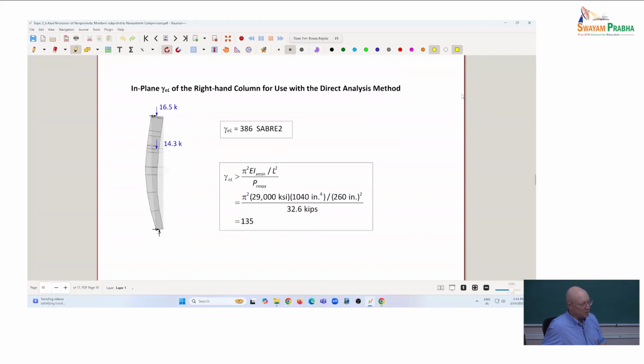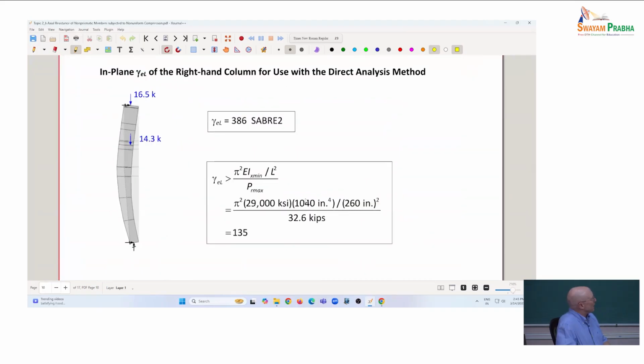Okay, now the other thing that happens commonly with these structures, see if I can make that a little bit larger. In a lot of situations, we may have the out-of-plane buckling really being the critical buckling mode.